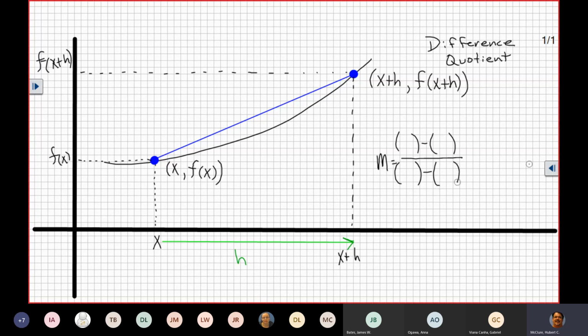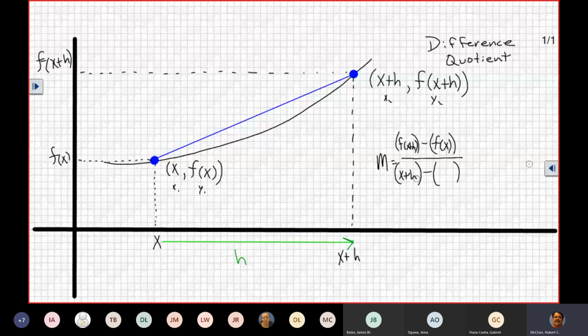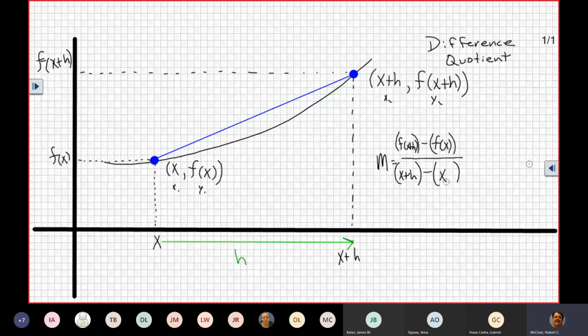Well, let's go back. We read from left to right, so this is x sub 1, this is y sub 1. This is x sub 2, this is y sub 2. So f of x plus h minus f of x over what? Well, x plus h minus x.